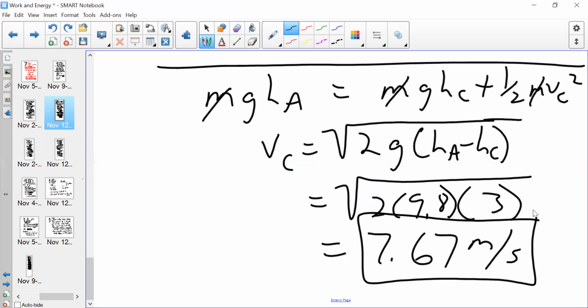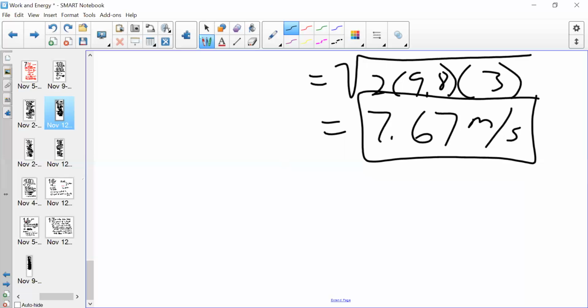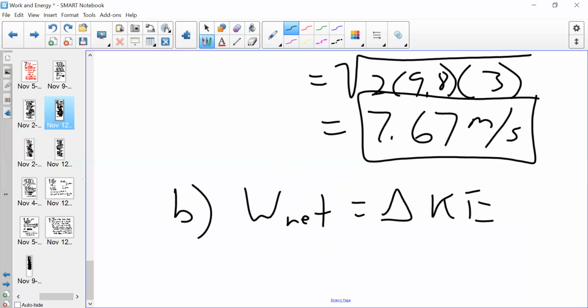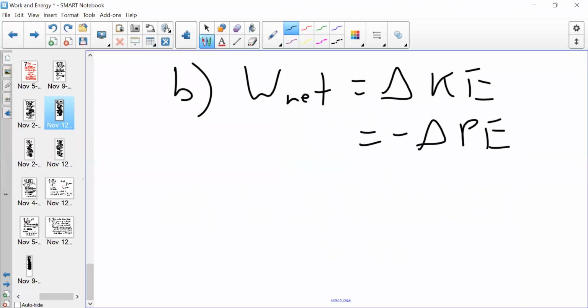And then the net work in the system, we have a couple of options. We could do this, or we could do this, because it's equal to both of those.